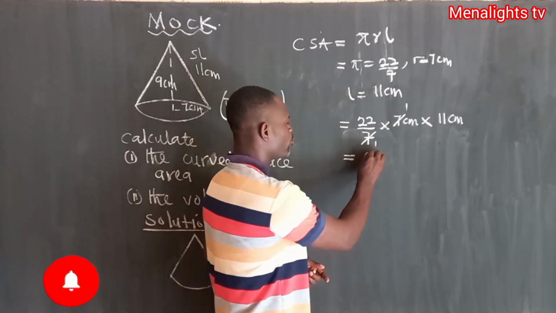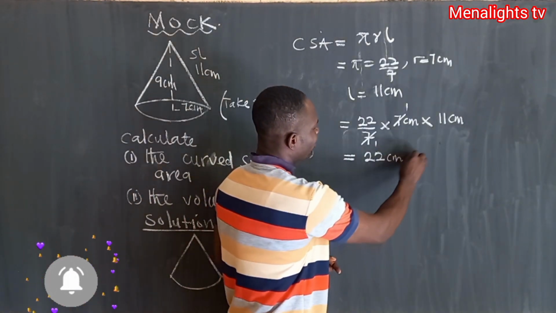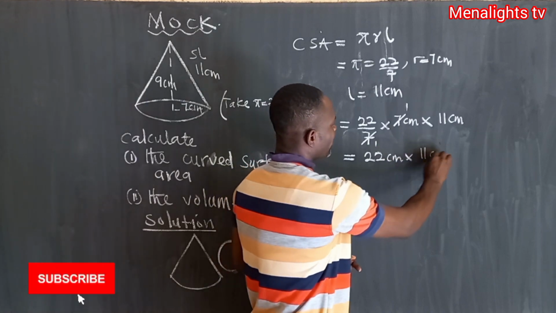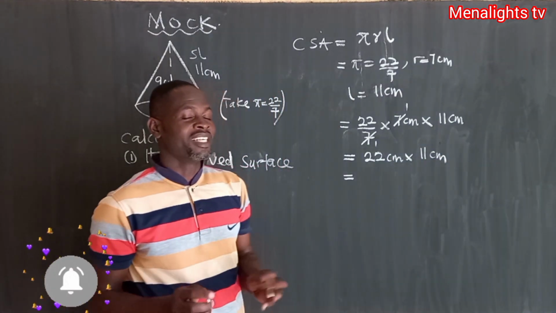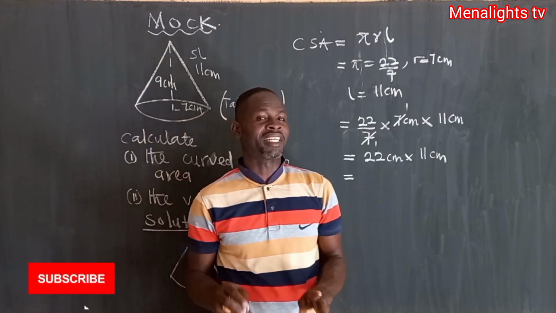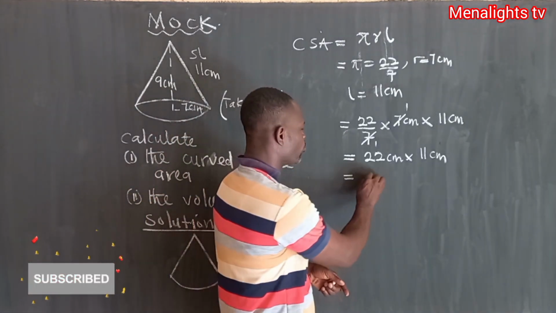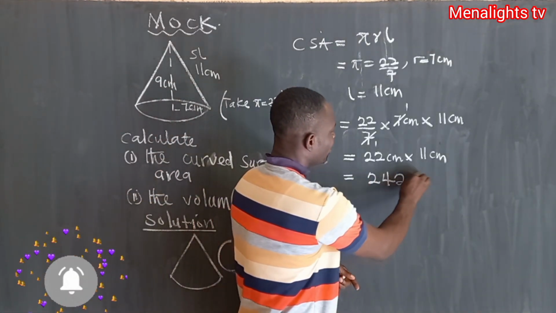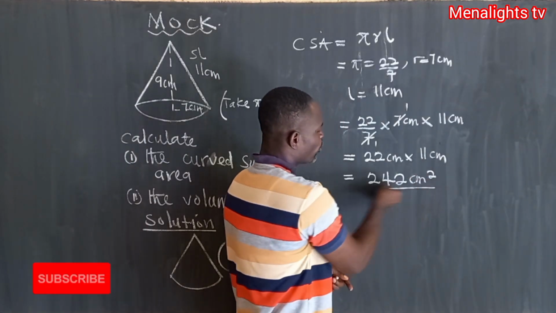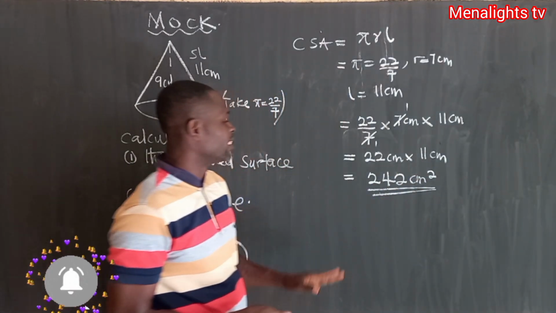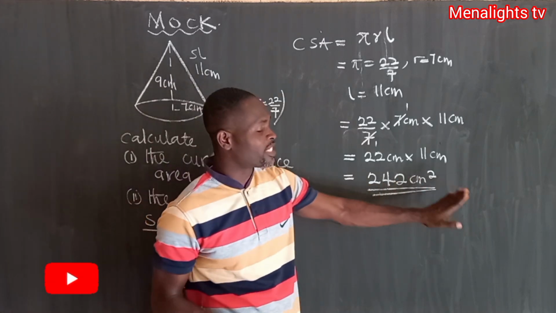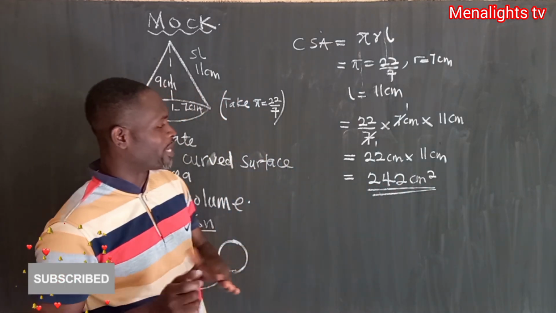So we have 22 centimeters times 11 centimeters. The 22 times 11 is giving us 242. So we have 242 centimeters squared. This 242 centimeters squared is the curved surface area of the cone that we have.